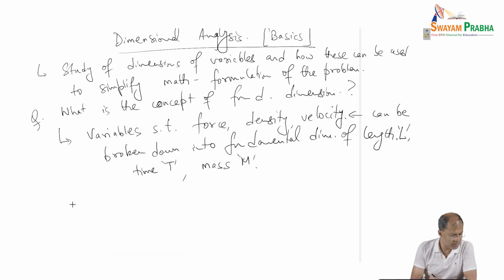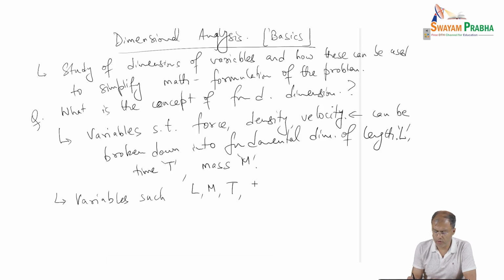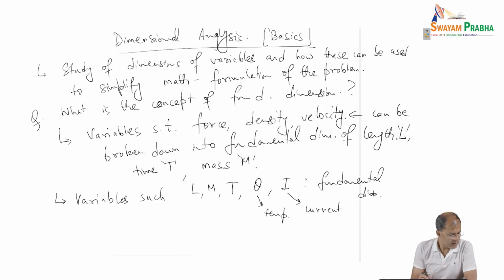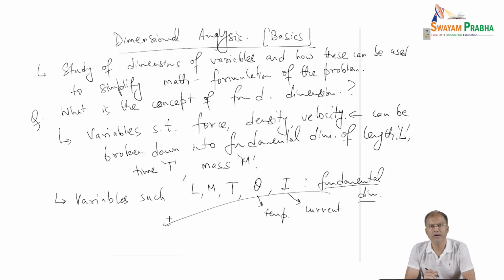And so these are my three basic variables, and similarly variables such as length, mass, and time, and also temperature, which we denote by theta, as well as current, which we denote by I. So these are my fundamental dimensions, right? And what do I mean by fundamental dimensions? Variables which cannot be represented in the form of the other fundamental variables.